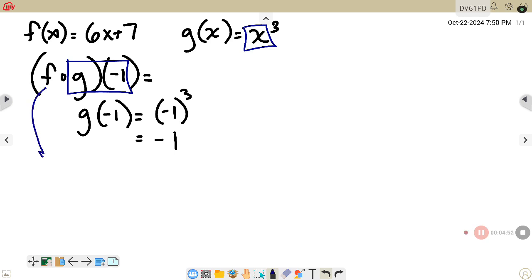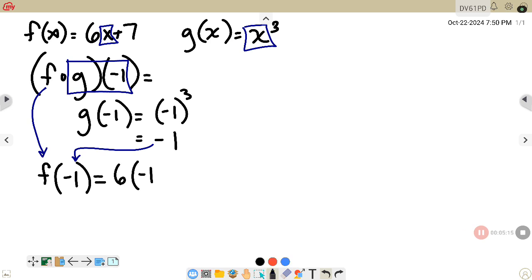I will bring down this f, and I'm finding f of that last answer, which was negative 1. So that tells me to go to my f function, and I'm going to replace its x with the -1. So I have 6 times -1 plus 7. 6 times -1 gives me -6 plus 7, and -6 plus 7 gives me 1.